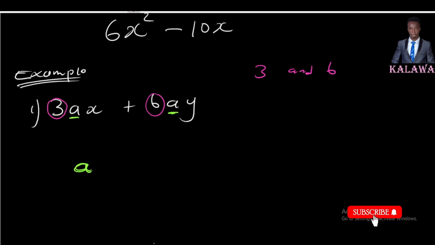So the answer is 3. We can divide 3 by itself without remainder, and we can also divide 6 by 3 without remainder. So since we know that it is 3, we also take 3 out.